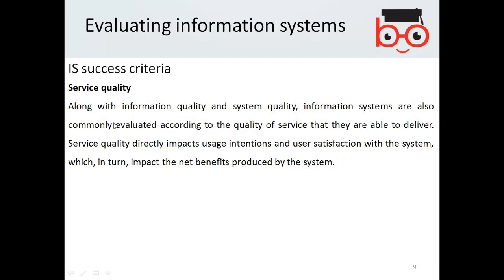So whatever service quality you are getting from the information system as users, it comes through the information quality that was provided to the system, and the systems were developed, and obviously the system should have been developed according to certain quality, and the quality systems delivered to the users are further to be evaluated as a service quality, the overall net benefits produced by the system.